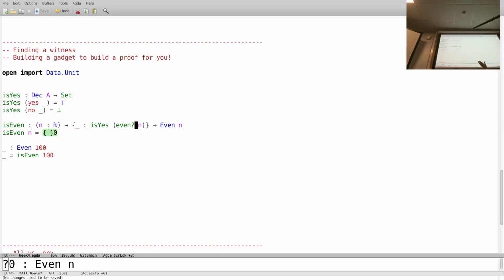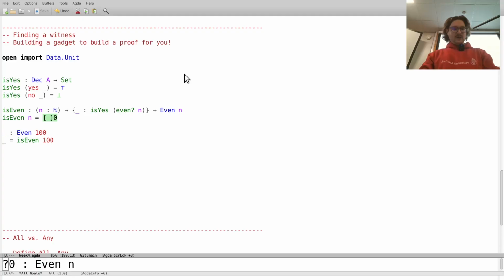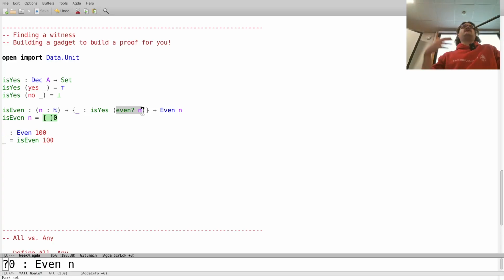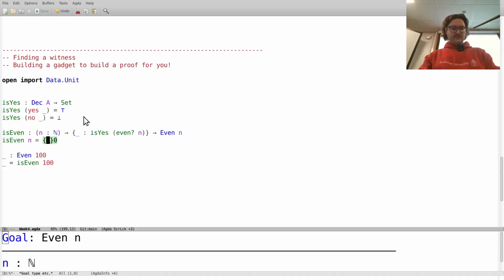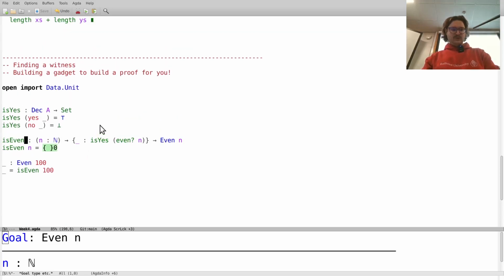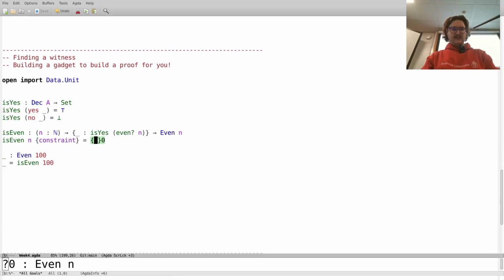The implementation here will be trivial, because basically the work is being done by this even decision procedure. And the is yes constraint is ensuring that we only need to consider the case where it succeeds. So let's see. I probably want to introduce that constraint here explicitly.